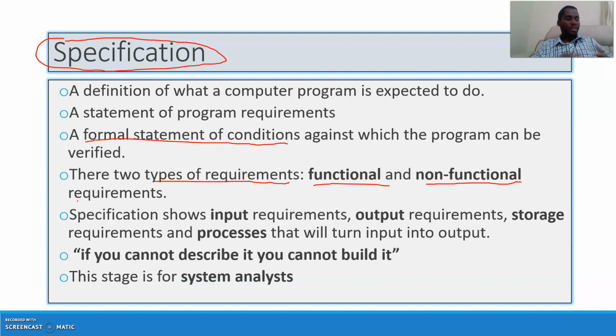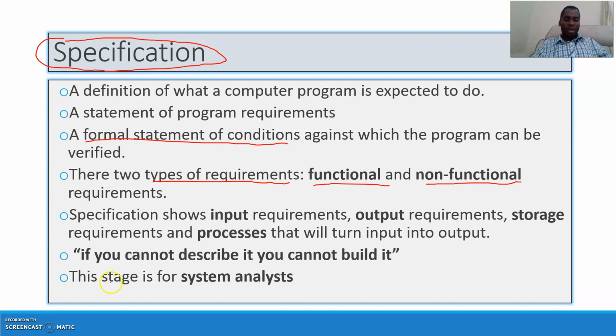So in specification, you identify a problem, you come up with a formal way of presenting some requirements of what you want to be developed, and these requirements are in two forms. We have others which are functional and others which are non-functional. Specifications show input requirements, and you also show output requirements, storage requirements, and processes that will turn input into output.